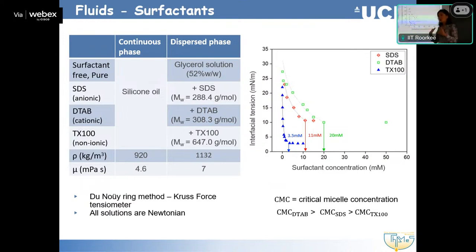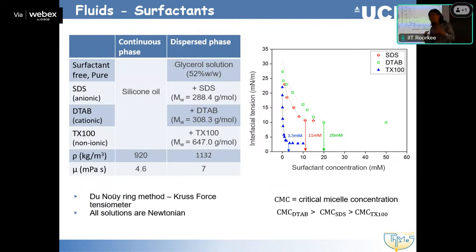This is one of the concepts that I'll try to introduce: the CMC for the different surfactants is different. Basically, these two, DTAB, the green and the red, are higher, and the Triton here, the blue, is the smallest one.